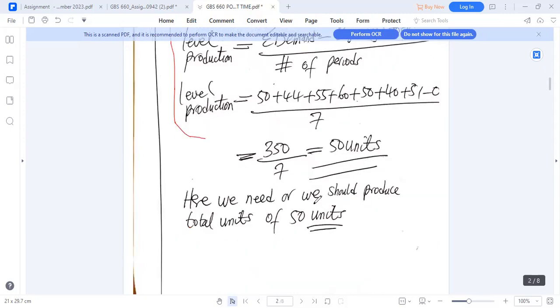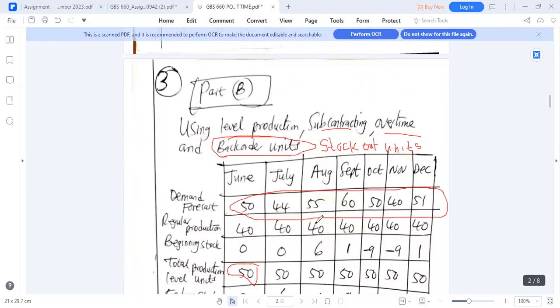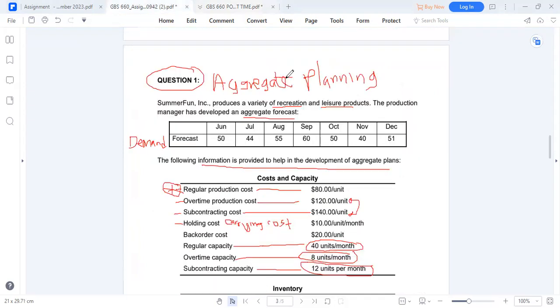Here we should produce the total units of 50. We should have 50 units total production. So meaning that on a regular basis, we're producing 40 units, okay? It is a breakdown of the total production.